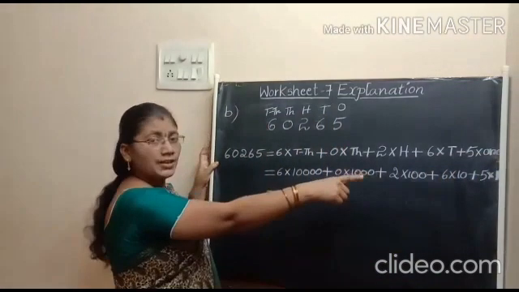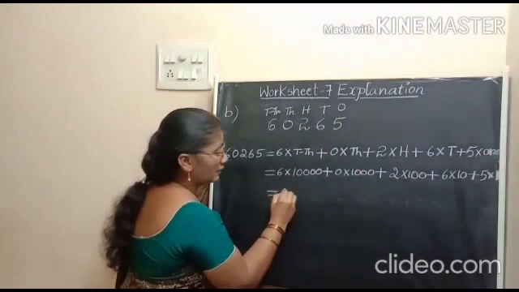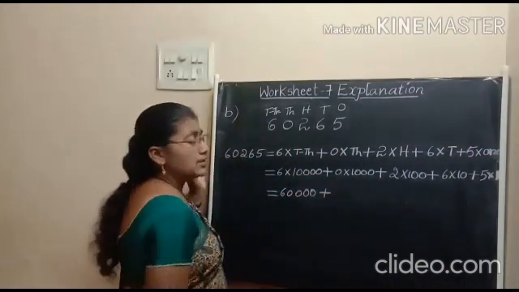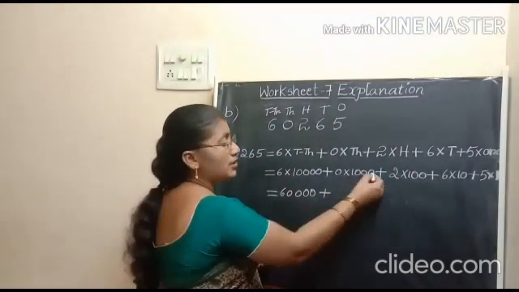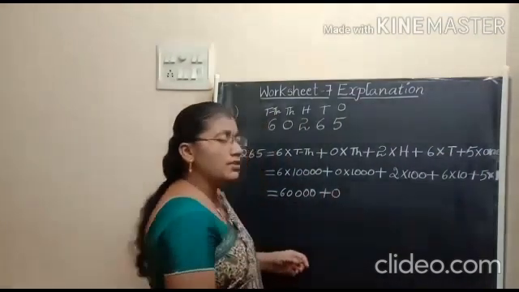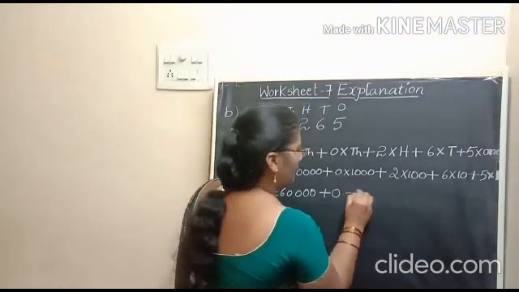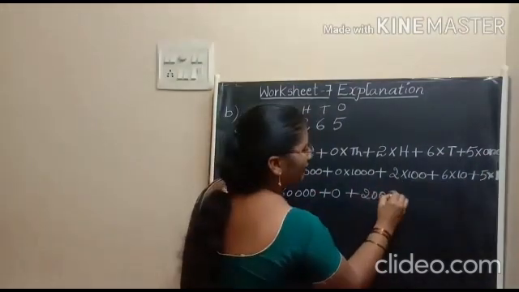Is it clear, children? Then 6 into 10,000 gives us 60,000. 0 into 1000, that is 0. By multiplying 0 with any number, it gives us 0. 2 into 100, 200.